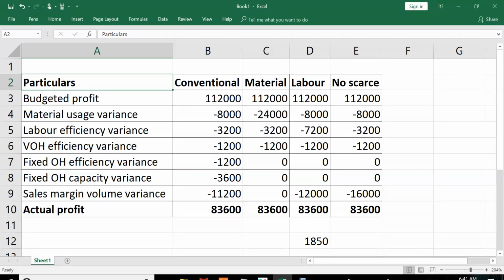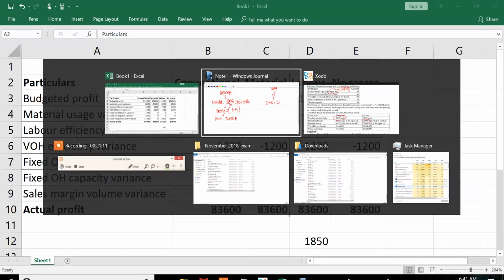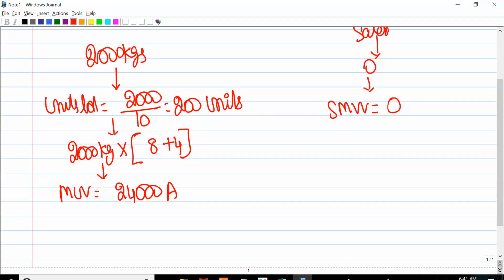Clear? Any doubts on this? Can we proceed? Next, scenario B, labor being a scarce input.